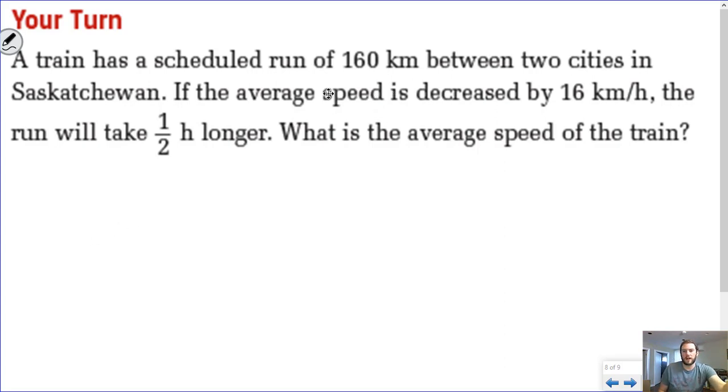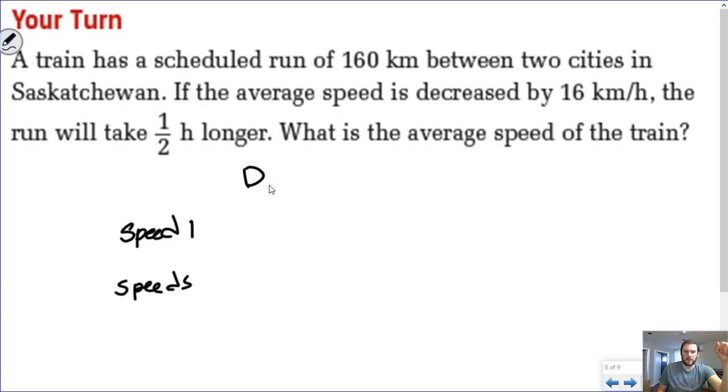We have an average speed that we're not sure of, but what we know is that when the speed gets decreased, it'll have this impact of a half hour longer on the time it takes to get there, right? So we have the information when we're talking about speed 1, and we have a different set of information when we're talking about speed 2, right?